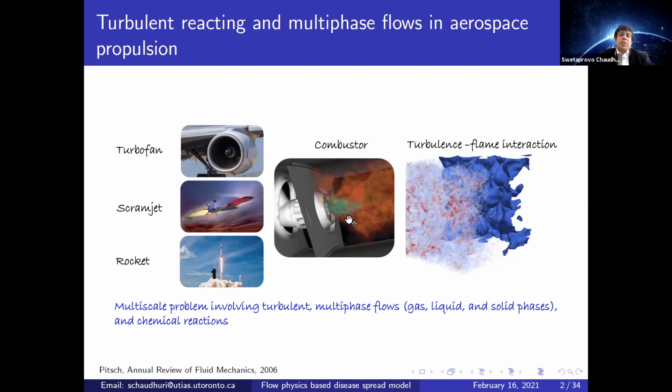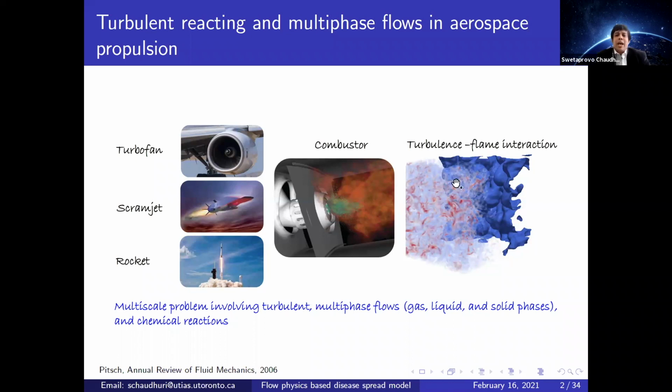In the combustor, you inject the liquid fuel as a large number of droplets. The droplet sizes can range anywhere from 1 micron to 100 or 150 microns. These droplets evaporate, mix with the air, react and release heat, and that heated high pressure air can be used for generating thrust.